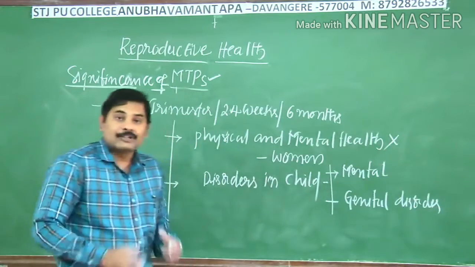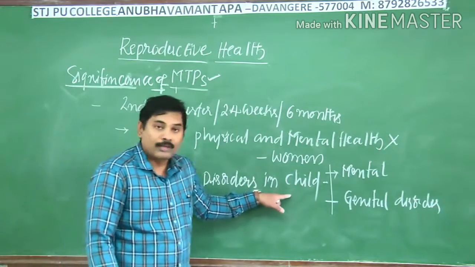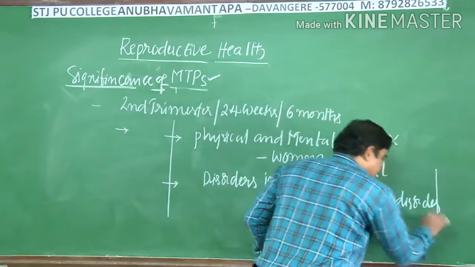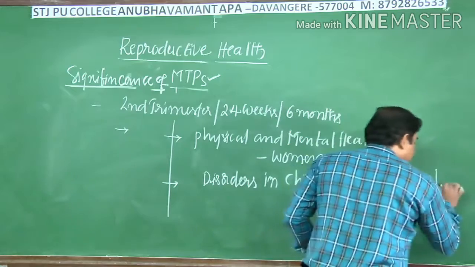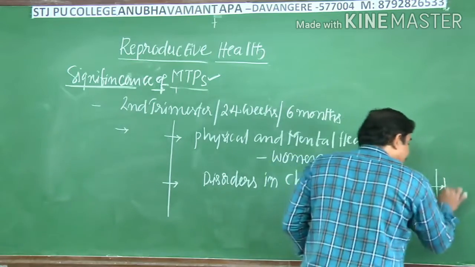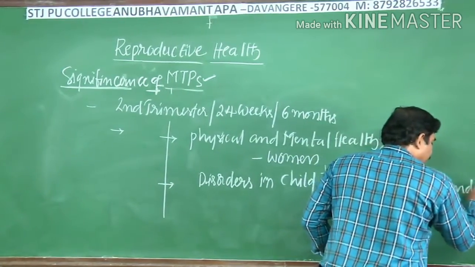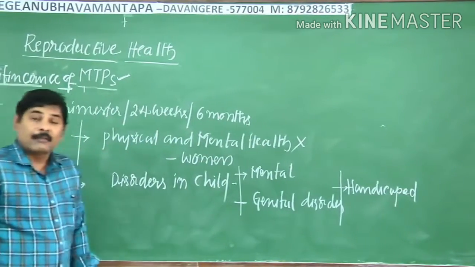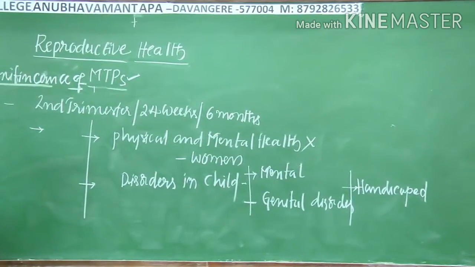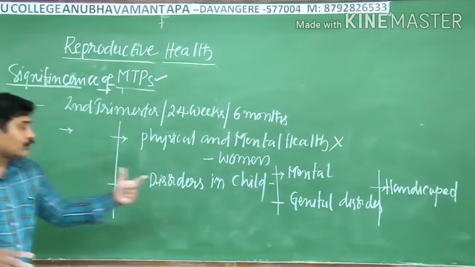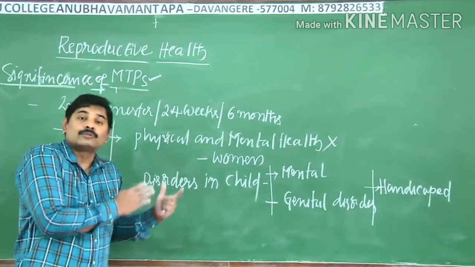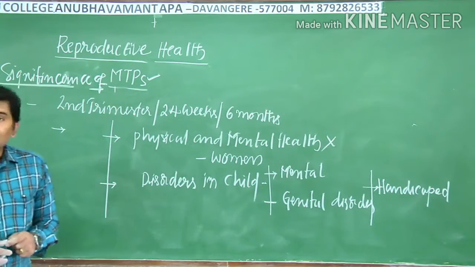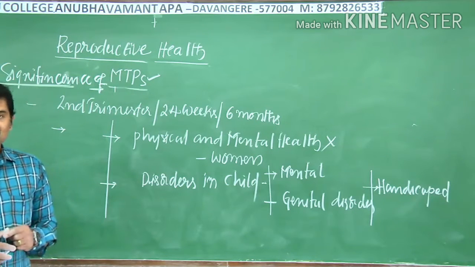Mental and genetical disorders may occur in a newborn baby. Chances are there, and in such cases there is a chance of a handicapped baby being born. So in order to avoid such a child being born and suffering throughout his life, generally you go for medical termination of pregnancies.